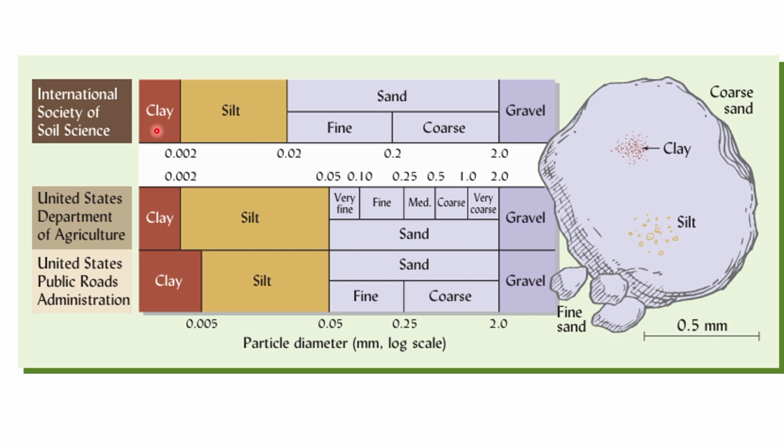In ISSS and USDA, clay is the same, less than 0.02 millimeter, while for silt, 0.02 is the limit for the International Society of Soil Science, while in USDA 0.05 comes. Then gravel means greater than 2. So the limit of sand particle size according to ISSS is 0.02 to 2, and according to USDA it is 0.05 to 2 millimeter. Just study thoroughly.